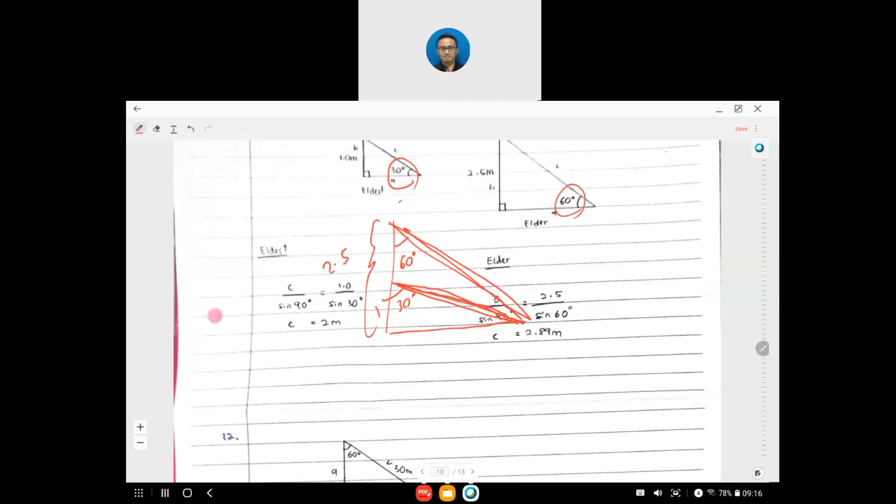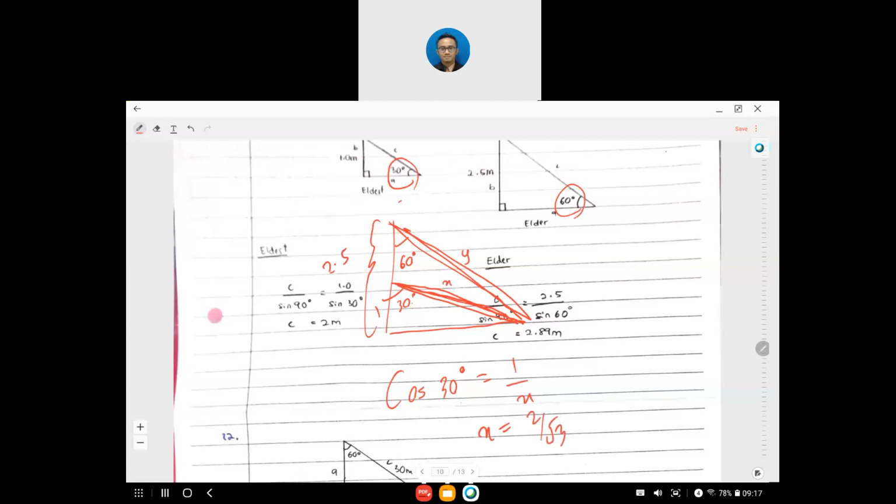cos theta. Cos 30 we use for this one. Cos 30 degree equals adjacent over hypotenuse, 1 over, let's say we put here as x, this one is y, 1 over x, so you can get the value of x, which is 2 over 3.